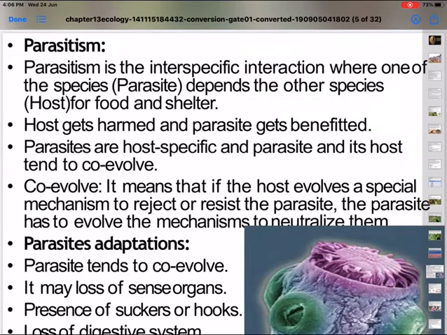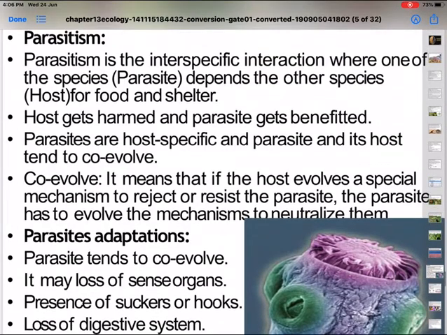So who is getting benefit here? Parasite, because it is drawing food. And who is losing? Host is losing. So the parasitism interaction is one plus, another minus. Species A, parasite, is getting benefited because it is drawing food from the host.